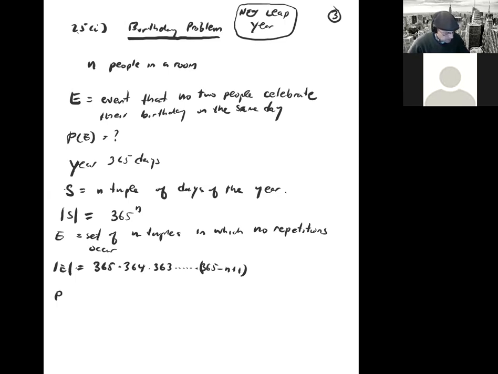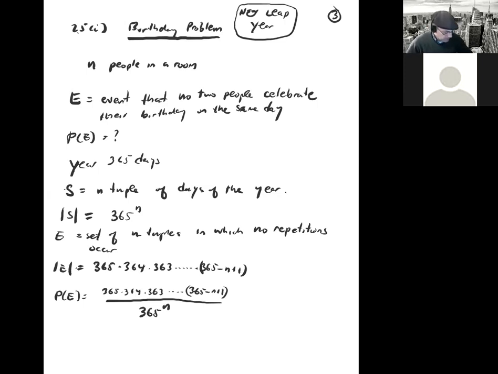So what's the probability of E? That's this number, 365 times 364 times 363, all the way up to 365 minus n plus 1, over 365 to the nth power.